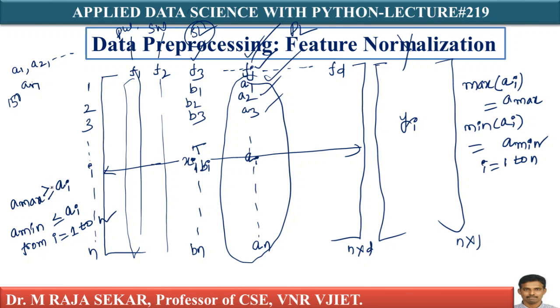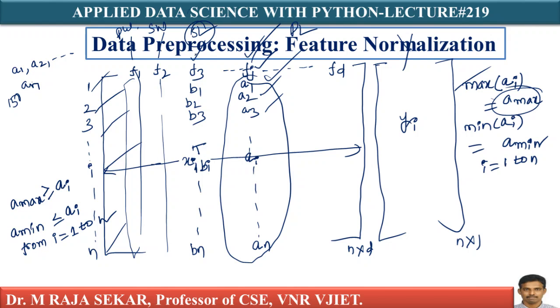Your max is greater than or equal to all the values from A1 to An, and your min is less than or equal to Ai, isn't it? Because I have n data points here. Just see, 1, 2, 3, and so on i. How many data points are there? There are n data points here. These are the definitions of A max and A min. Just understand, A max is max of Ai, A min is min of Ai. We are just defining what A max is and what A min is.